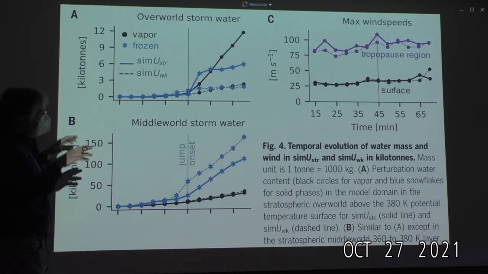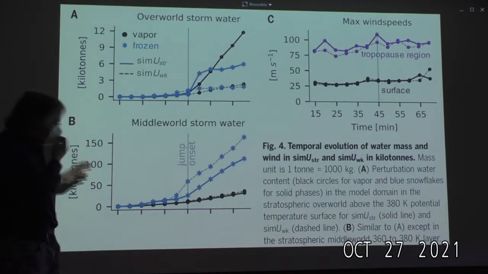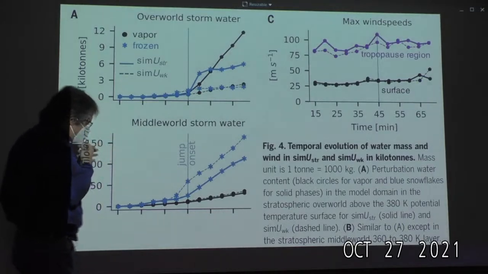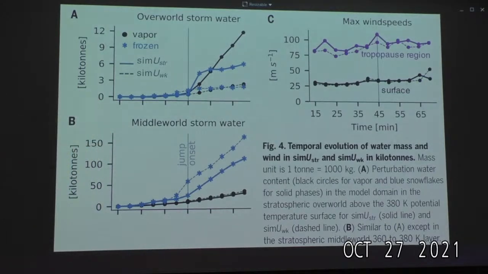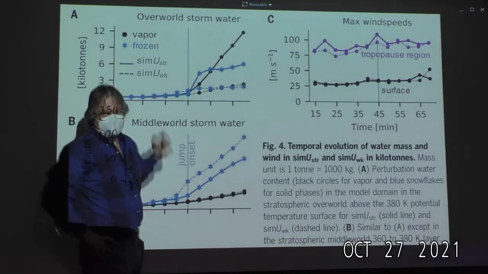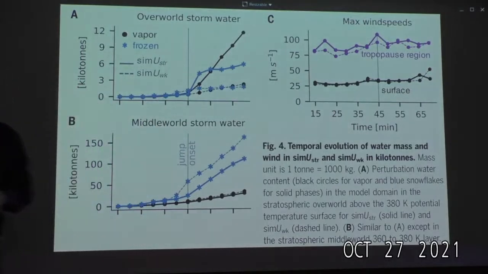So what we found was, actually, the storm with weak upper level winds puts more water substance into the stratosphere, but it's the lower stratosphere. The jump storm cranks water into the middle stratosphere, where it does not get to come out. So that's the basic takeaway from here.